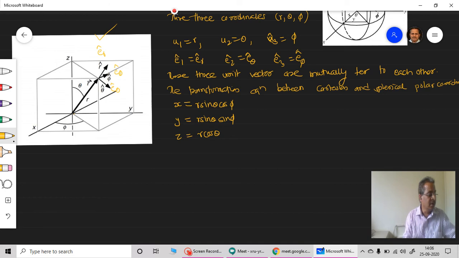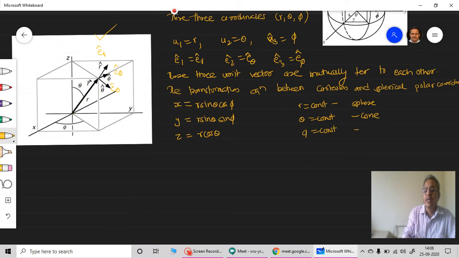We will use them for the entire further analysis. And then I think you might have seen there are three surfaces. r equal to constant is a sphere, then theta equal to constant is a cone, and phi equal to constant is a plane parallel to the z axis.